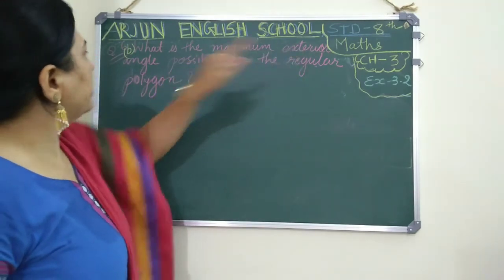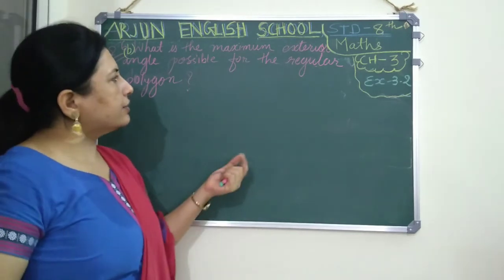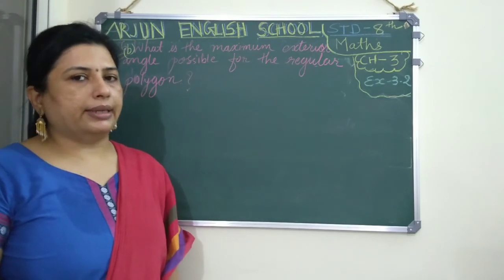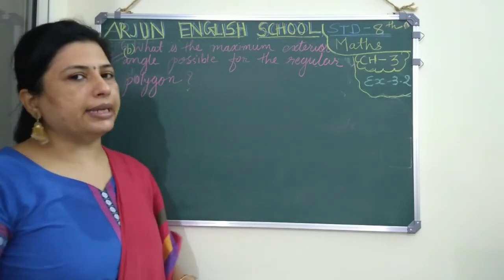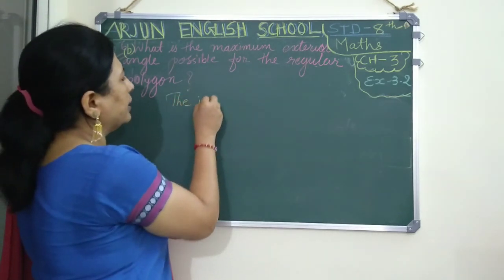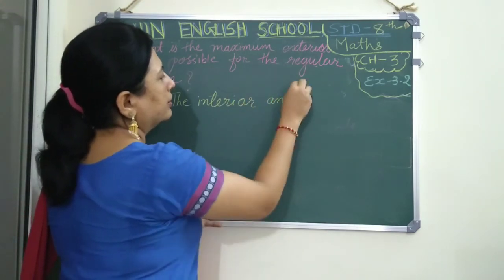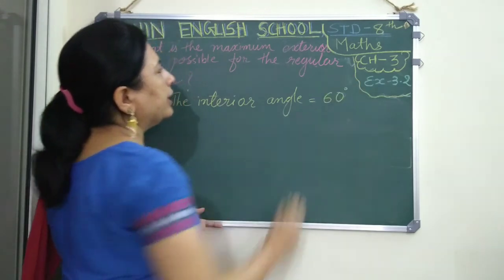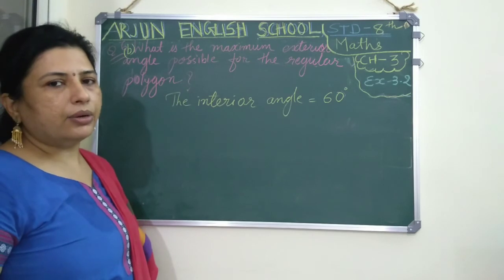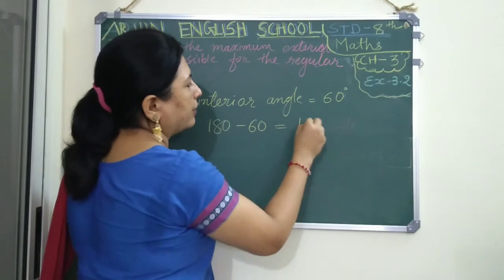In this question number 6 only, part B is like that. What is the maximum exterior angle possible for a regular polygon? As we see that the minimum regular polygon is a triangle, and for that interior angle is 60 degree. If interior angle is 60 degree, then exterior angle will be 180 minus 60 degree, that is 120 degree.